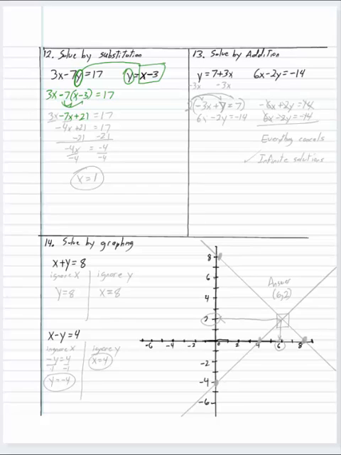Becomes negative 7x plus 21. I will combine like terms, so 3 minus 7 is negative 4x. And then I will subtract 21. So negative 4x equals negative 4. And then divide by negative 4. We're left with x equals 1.